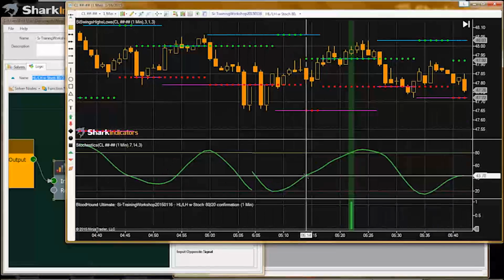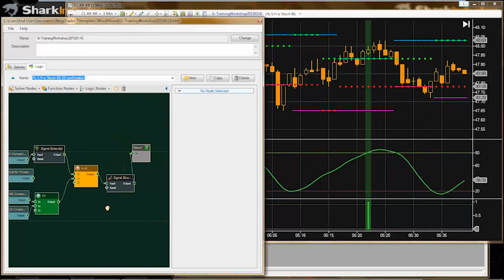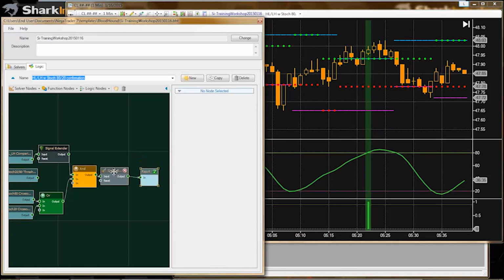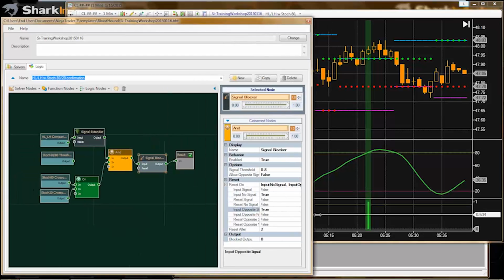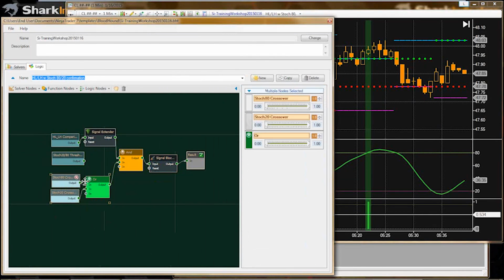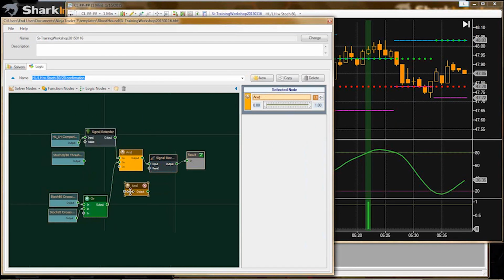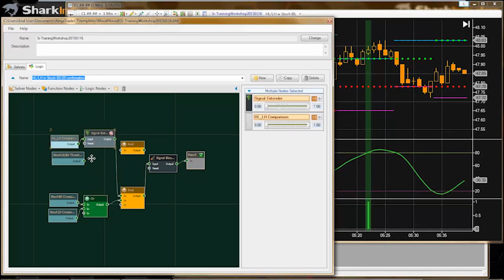Alright, so there are definitely a couple of ways to build something like this, depending on exactly what you're looking for. Let's see. Actually, here, what we can do is we can build 2 sets of signals here. Let me organize these a little bit.